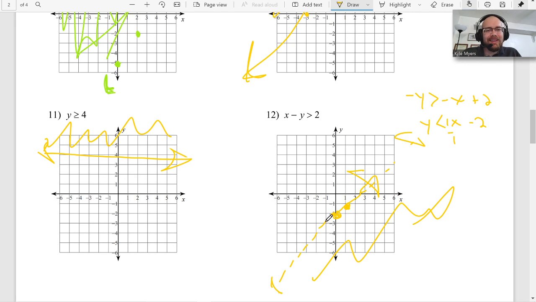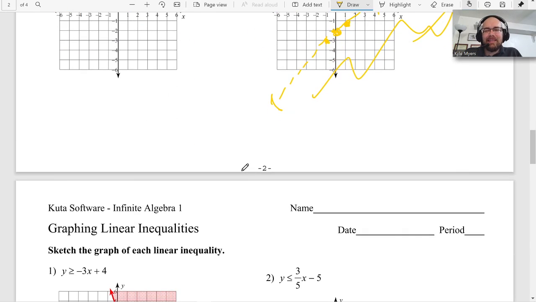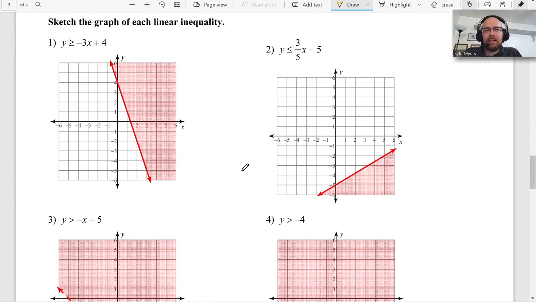It didn't end up being rise 1, run 1 when I was going further out because I just stopped counting, but basically a slope of 1 there. And then dotted line, and then I shade below. All right, cool. So it's super sloppy. Your teacher might grade you for your graph, so be careful with that. But yeah, here are the answers.